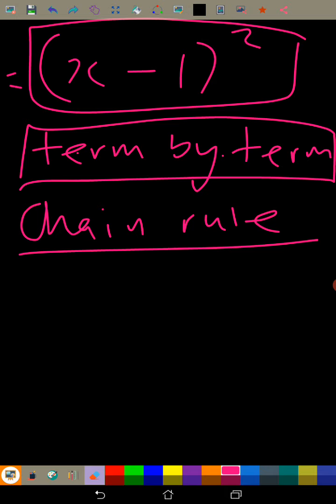Okay, so how do we do this? Chain rule, guys. In chapter 2 we dealt with composite functions.